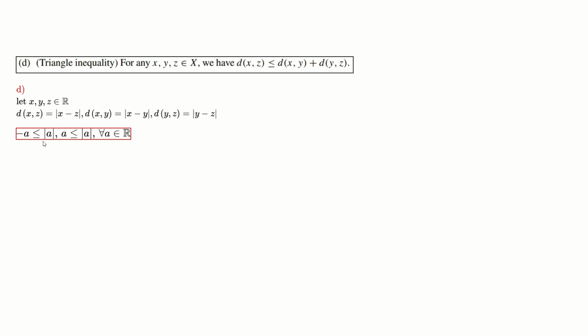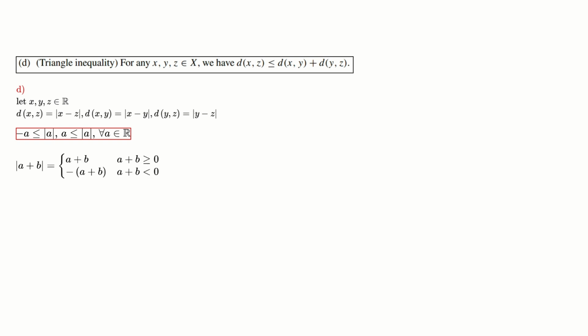Let's say, for example, 1: 1 is always less than or equal to the absolute value of 1, which is trivially true, and also -1 is less than or equal to 1. So that's just a quick example to convince you that this identity is true.